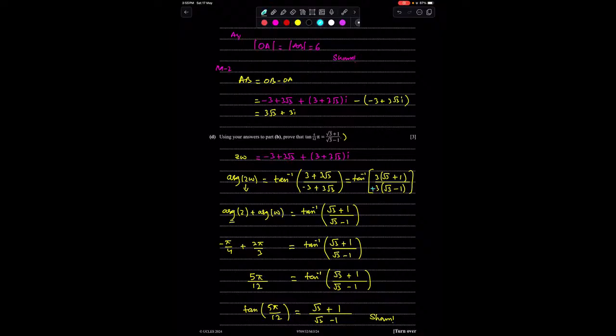When we take 3 common from these two, we will get minus 1 plus root 3, which will become root 3 minus 1.